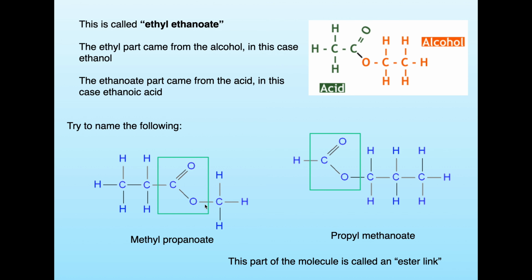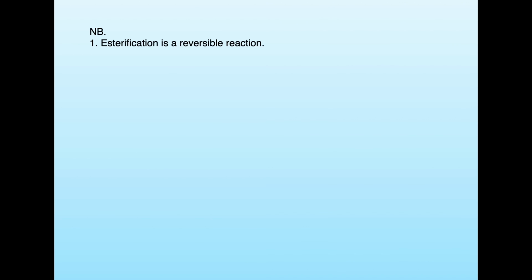And one last thing here, this bit of the molecule, this C double bond O bit, is called an ester link. This reaction is called esterification. I think we mentioned that here. Esterification is a reversible reaction, something to keep in mind.